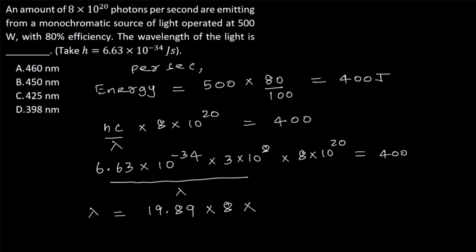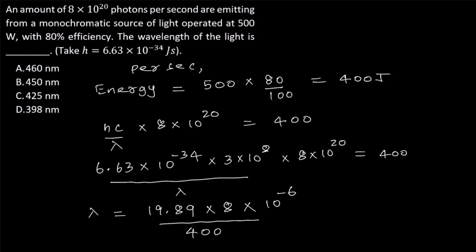Minus 34 plus 8, that's minus 28, and minus 26, minus 26 plus 20, so that is 10 to the power minus 6. So divided by 400.